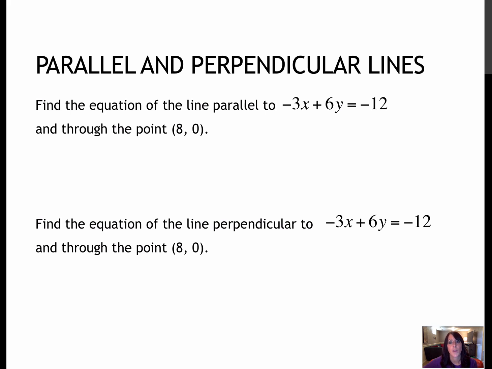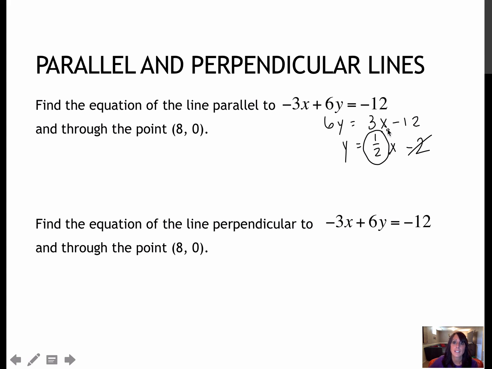So let's try another one of those questions. Again, my first step is to find out from the existing line what is the slope of the existing line. So I'm going to add the 3x to each side, and then I'm going to divide everything by 6, and that gives me 1/2 x minus 2. So again, I don't care about the minus 2.